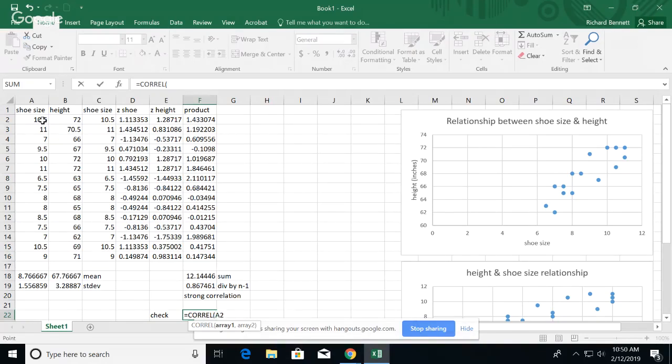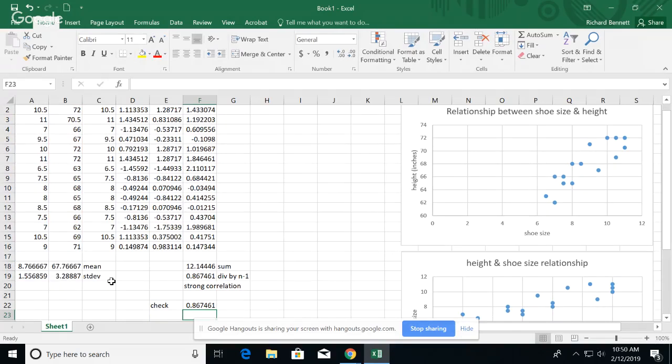So I'm going to click on my X data, hit a comma, and then click on my Y data. I press enter. I got 0.867. Oh my gosh, it's awesome. Do you guys feel as smart as a computer now?